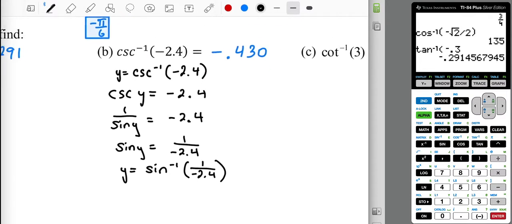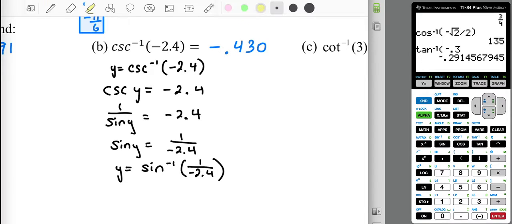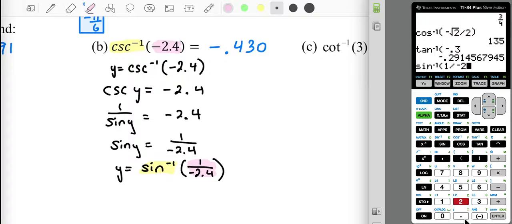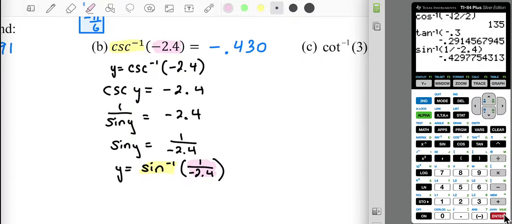So what I'm essentially getting at here is that I could find the inverse cosecant of negative 2.4 by taking the reciprocal of the function and the reciprocal of the ratio. All right, so let's verify that very quickly. And there we go. So we got negative 0.43-ish before, we got negative 0.43-ish now.